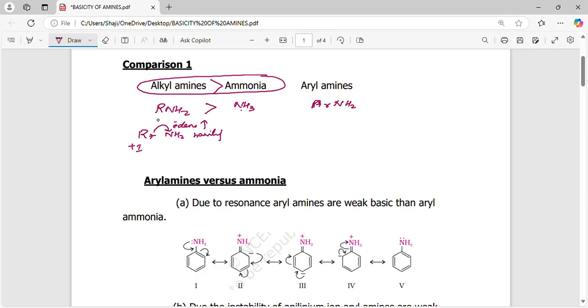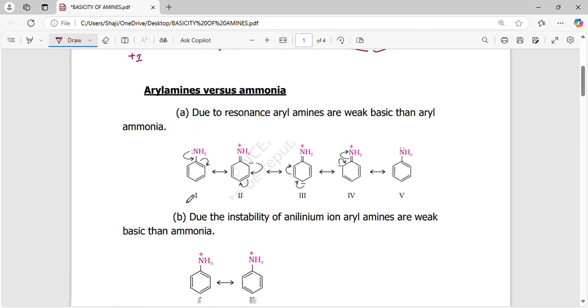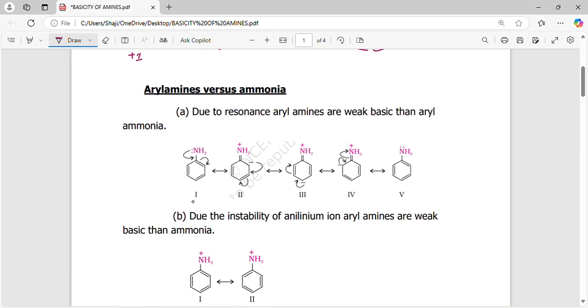alkyl group. Now let's have a comparison between ammonia and arylamine. Arylamine is the one in which the amino group NH2 is attached to benzene. And here I have drawn the resonating structures of aniline. If the NH2 group is attached to the benzene ring, due to resonance, the lone pair of nitrogen will move towards the benzene ring.